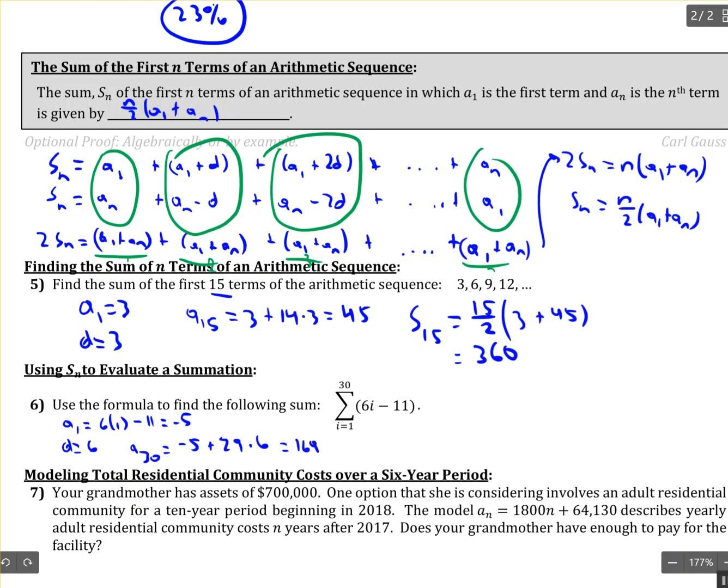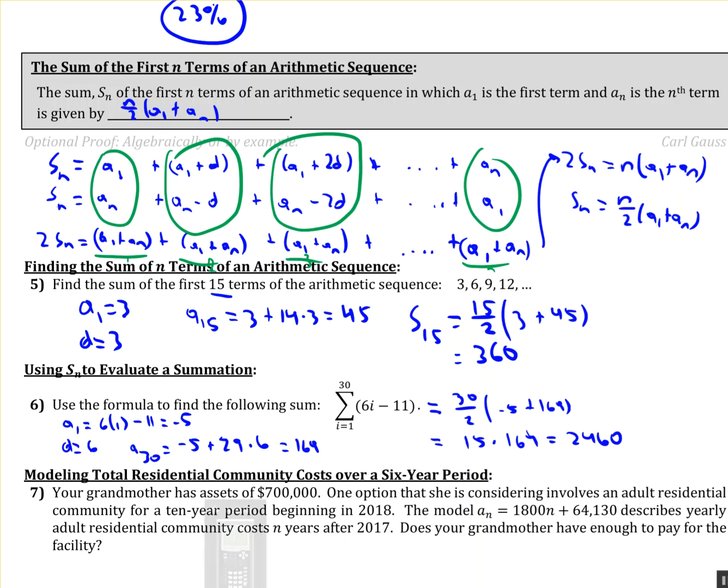Okay, so maybe you could probably pull out your calculator and do it faster than me, but to find out the sum, that's going to equal n over 2. So n over 2 is 30 over 2. It's going to end up being 15. And then it's going to be A1, so negative 5, plus A30, which is 169. So I get 15 times 164, which should be 2460, I believe.